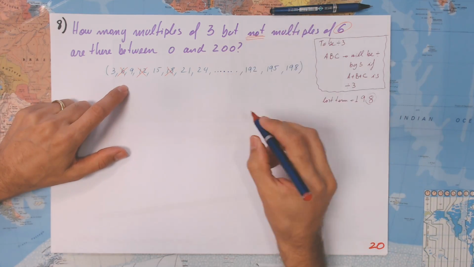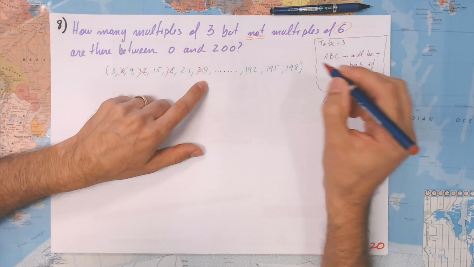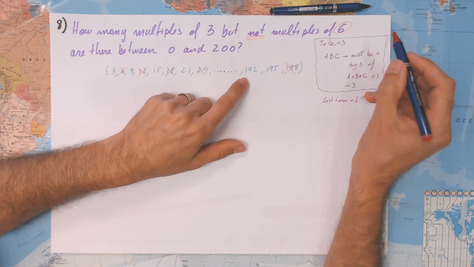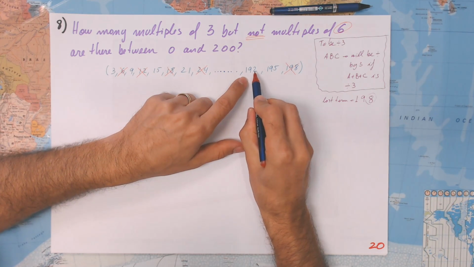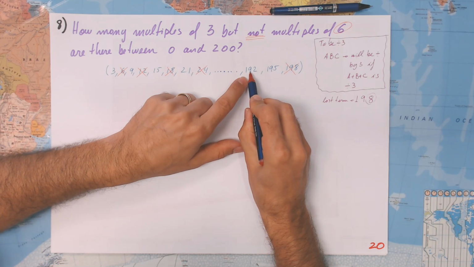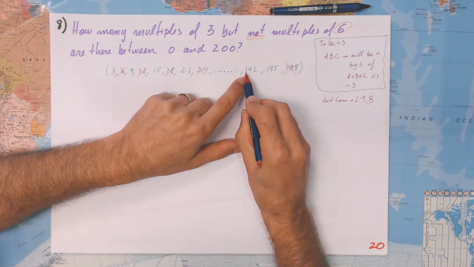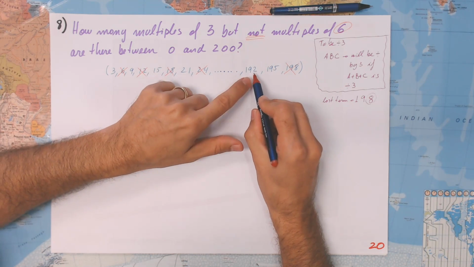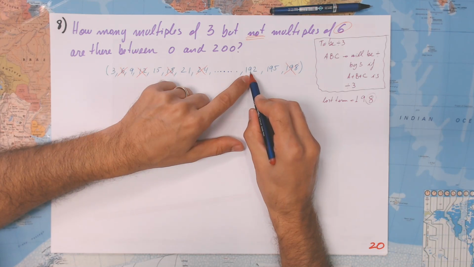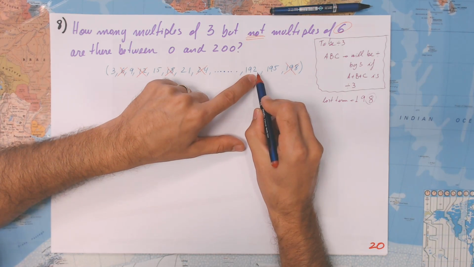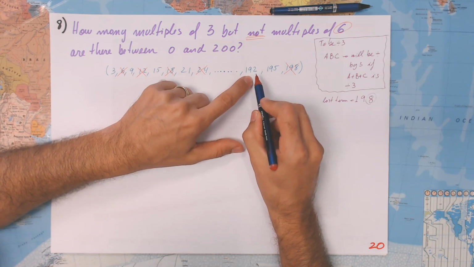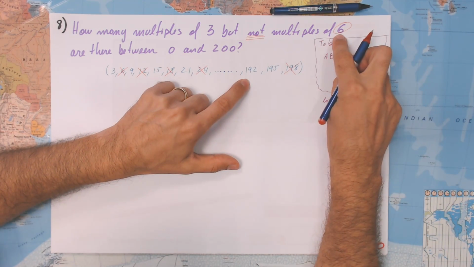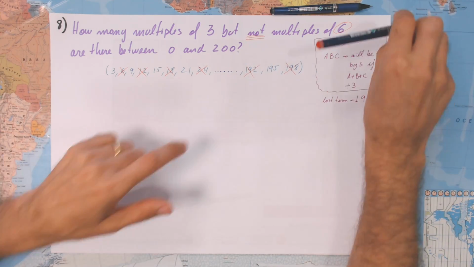And again, we're not going to use the 24, we're not going to use the 198, and again, this one is divisible by 3 because 2 plus 9 is 11, plus 1 is 12. 12 is divisible by 3. Therefore, yes, it is a multiple of 3, 192, and because it is even, it is also divisible by 6. Therefore, this one is a multiple of 6. We are not going to use it either.